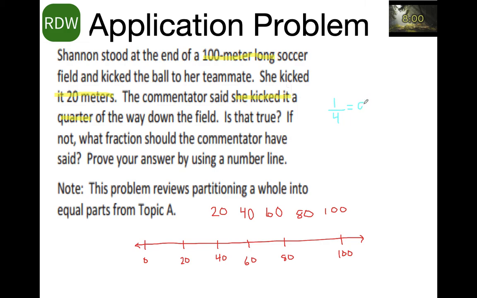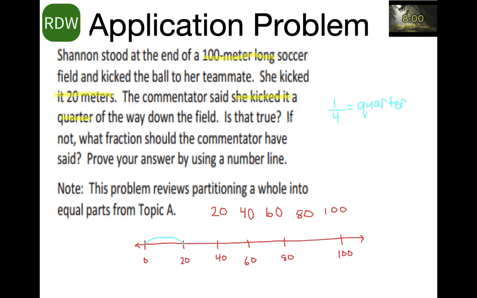Okay. So did she kick it a quarter of the way down the field? Did she kick it 1/4 of the way down the field? So from 0 to 20 meters, is that 1/4 of the way down the field?